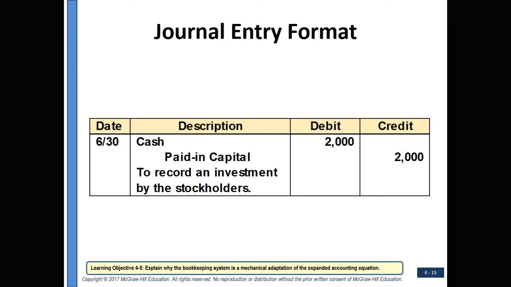Keep in mind, because of the rules of double entry accounting, all debits must equal credits. So total debits in an entry will equal total credits. And you should always have a brief description of the actual transaction itself to explain why you are creating this entry.